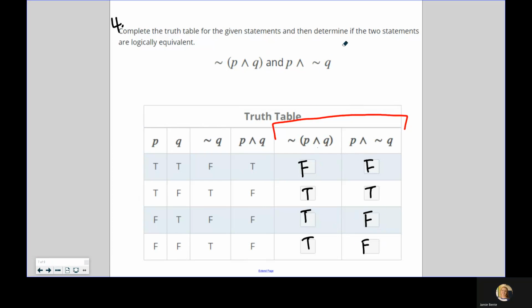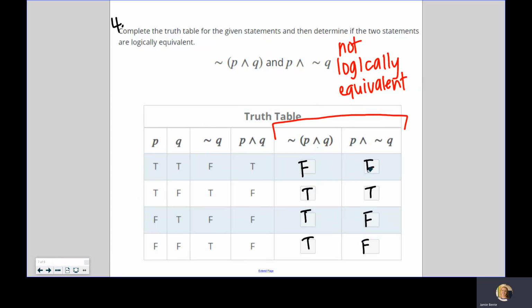They are not. The last two rows are not the same. So these are not logically equivalent. The only way they can be logically equivalent is if they are exactly the same in all cases.